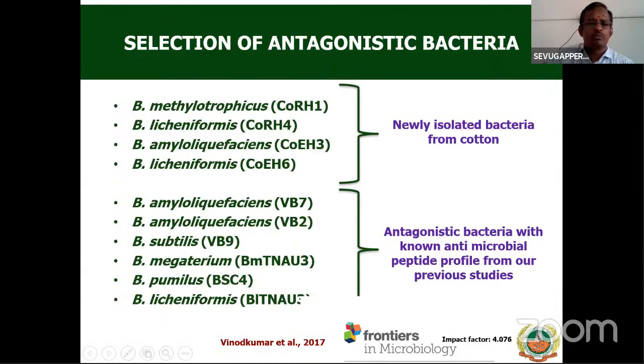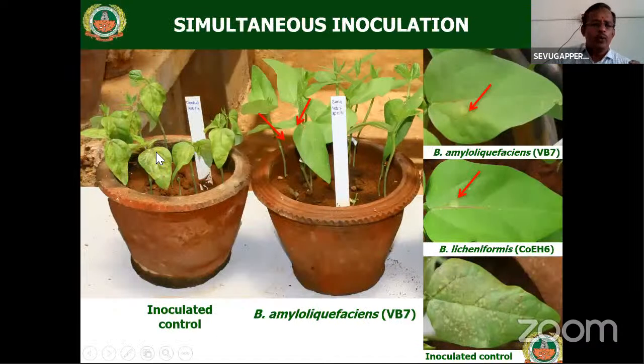Based on that, this paper was published in Frontiers in Microbiology. So this work has already been published. Here, when we apply Bacillus amyloliquefaciens VB7 and challenge it through simultaneous inoculation with the virus, a 100% reduction in the lesion was noticed.